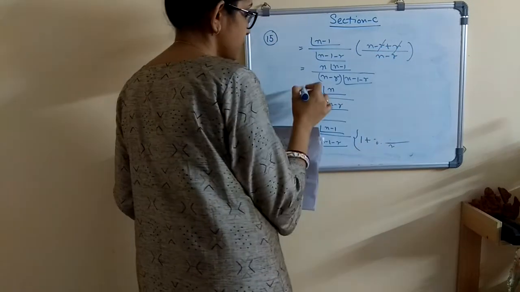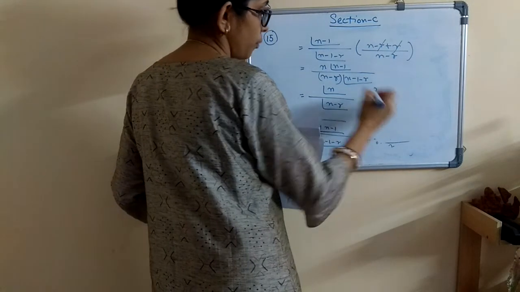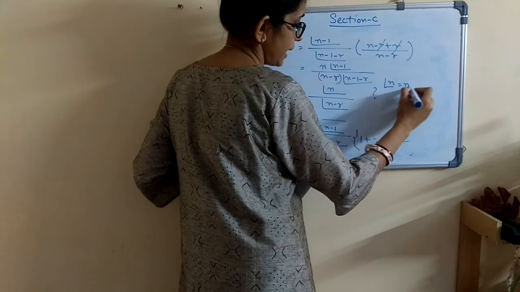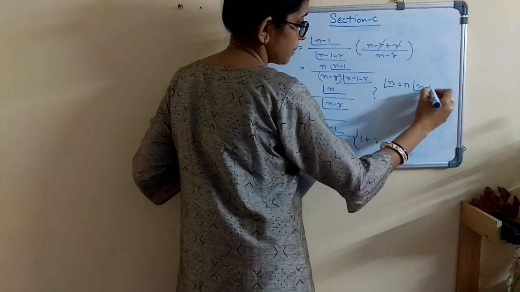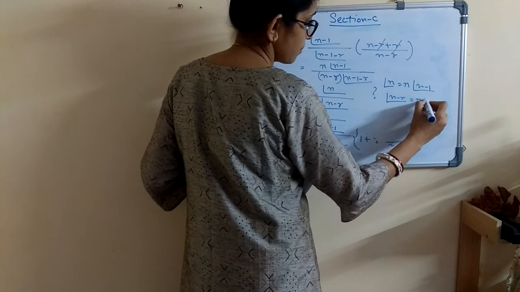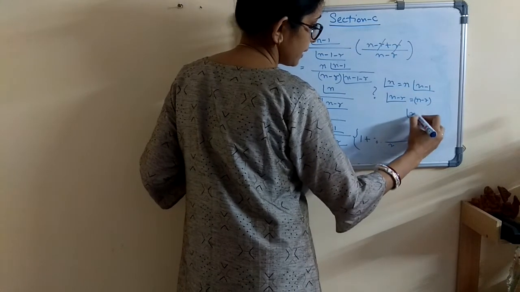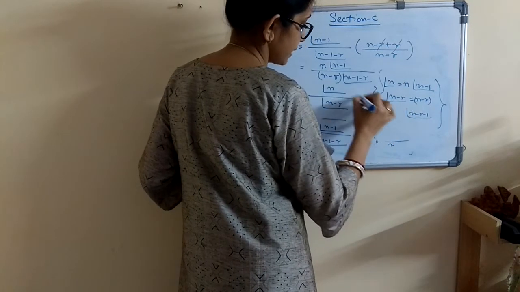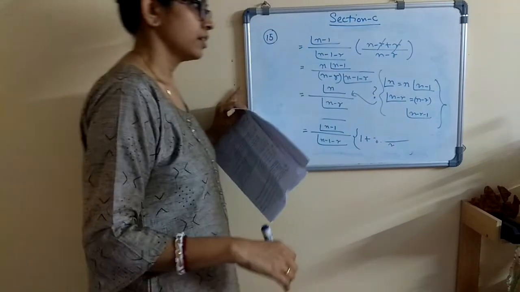Now the question is why? Because factorial n is equal to n into factorial n minus 1, and factorial n minus r is equal to n minus r into factorial n minus r minus 1. So from this part I have directly written this, isn't it?